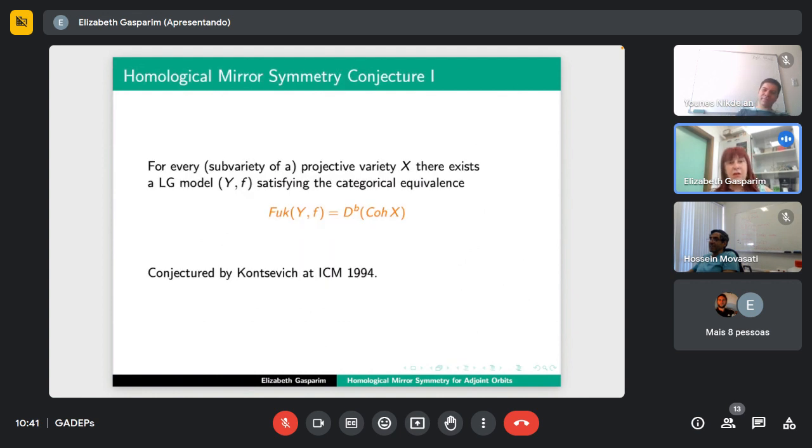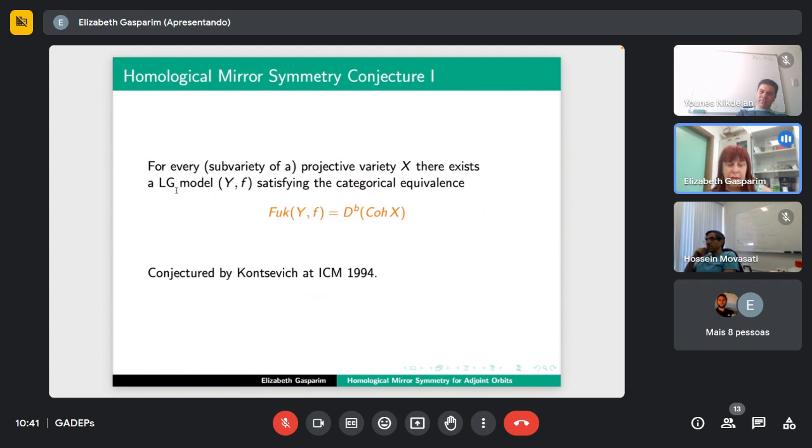So, statement one. This is copied precisely from how it's stated in the proceedings of the ICM. If you start with an algebraic variety, here X is the algebraic side, so you start with a projective variety or a subvariety of it, then there should exist a pair.